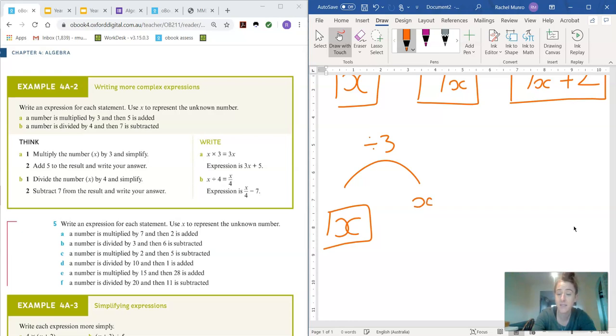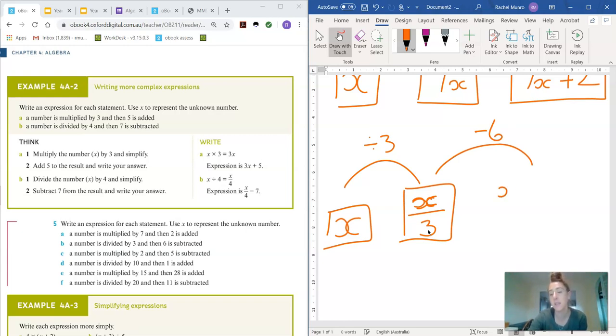So I'm going to go x, because it's my number, divided by 3. Cool. My number is divided by 3. Good. And then 6 is subtracted. So I then need to subtract 6 away from that. So I end up with x on 3 minus 6.